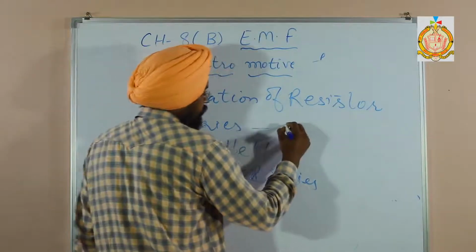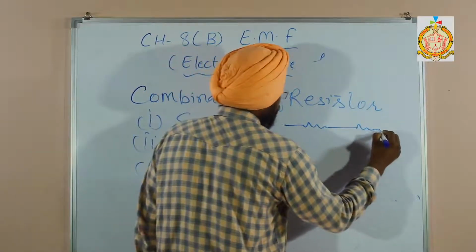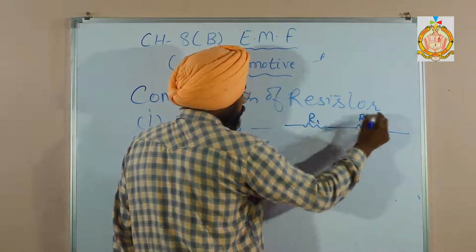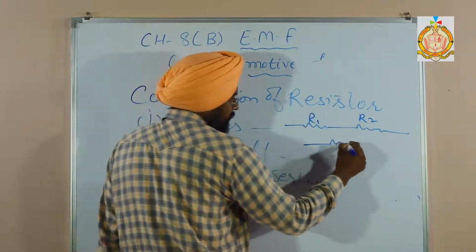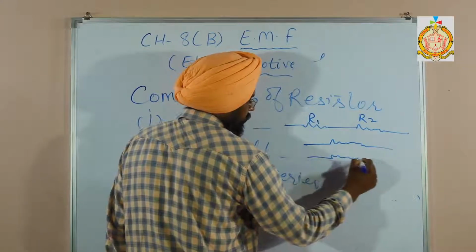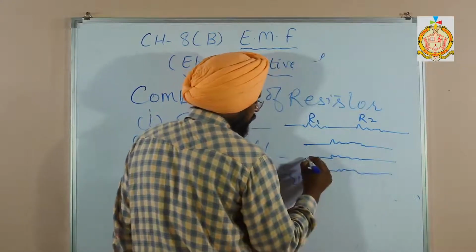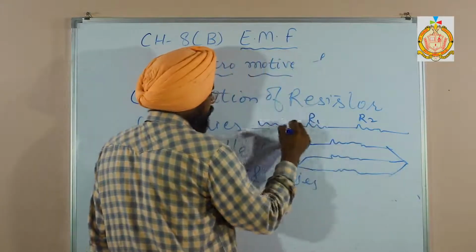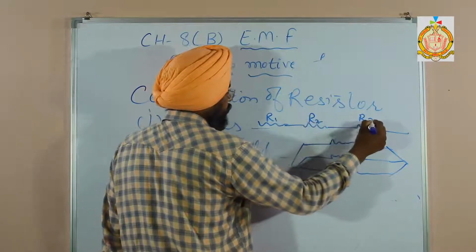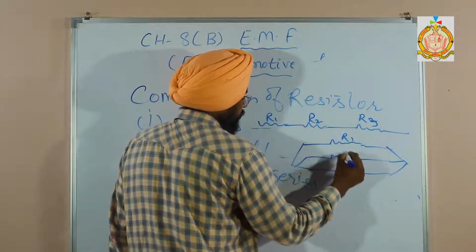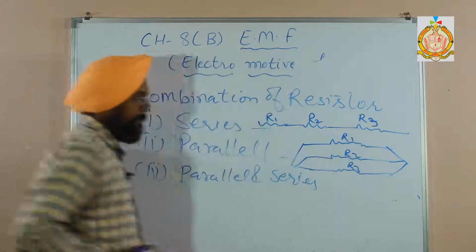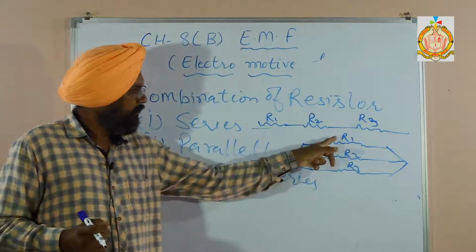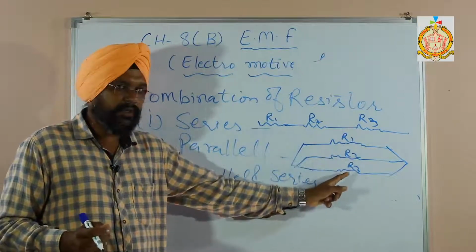So for series, these are the resistances R1 and R2, and this is in parallel. We can combine R1, R2, R3 like this. This is in series R1, R2 and R3, and in parallel we can combine like this R1, R2 and R3.